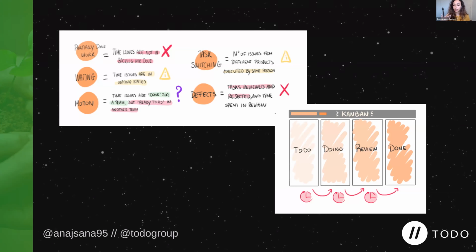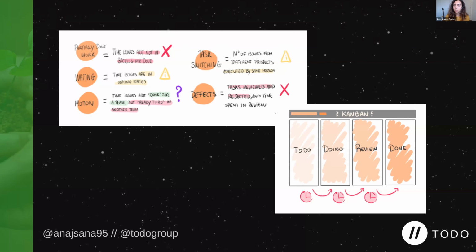Saying that, these are some of the examples where we can map the forms of waste. For instance, when we try to measure partially done work, we can identify that as the time issues are not in backlog or done. In order to map waiting time, we can translate that into time issues are in a waiting state.